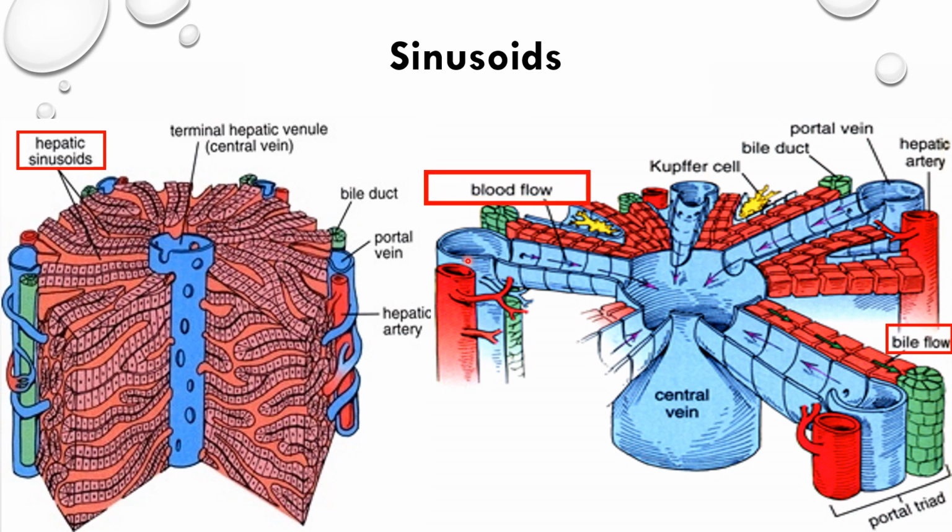Blood flows from the portal vein and the hepatic artery towards the center to the central vein, and you can see the flow of the bile. It is formed in between the hepatocytes and released into the bile canaliculi, and it reaches the periphery to the bile duct.